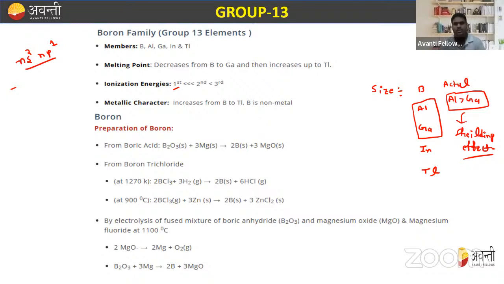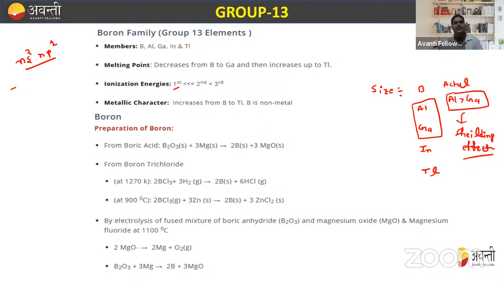Aluminium also has a good melting point, and for gallium the melting point decreases. Then from gallium there is an increase in melting point up to thallium. So just remember this break here: from boron to gallium the melting point decreases, and from gallium to thallium it increases again, right? This is the melting point order of the group 13 elements. I hope this is clear to you.